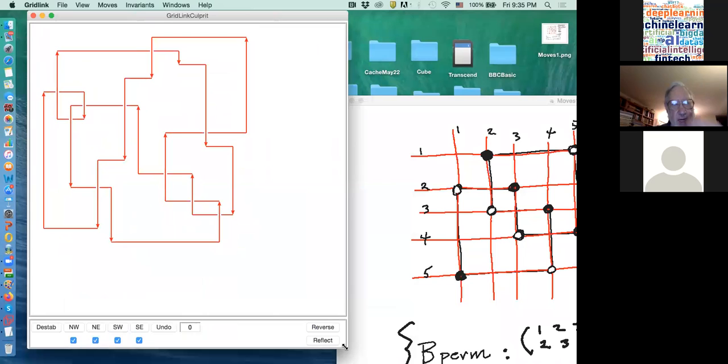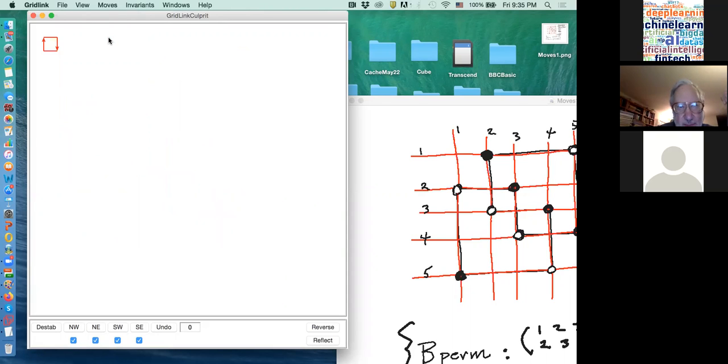This one is unknotted, but it'll take some cleverness perhaps to unknot it. You can ask the program to go ahead and unknot it. You say simplify. And it did it. But of course, it doesn't show moves.